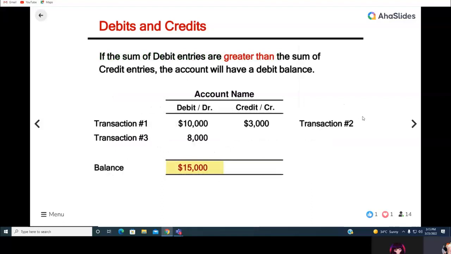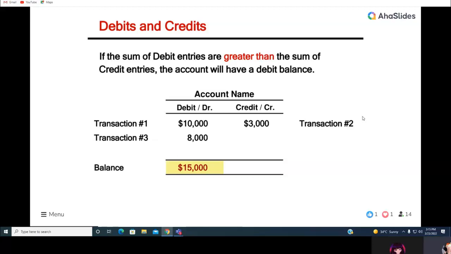Now, when I look at the account, if I add up the debit side of the account, as we do here, transaction 1 and 3 debited this account, transaction 2 credited this account. If I add it up, on the debit side, I get 18,000, and the credit side, I get 3,000.